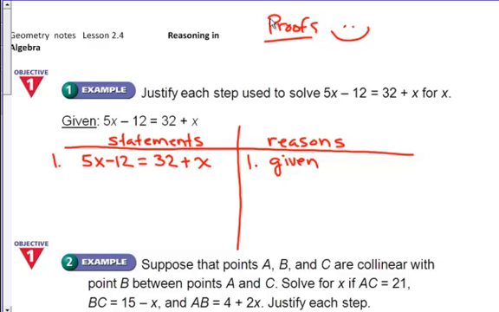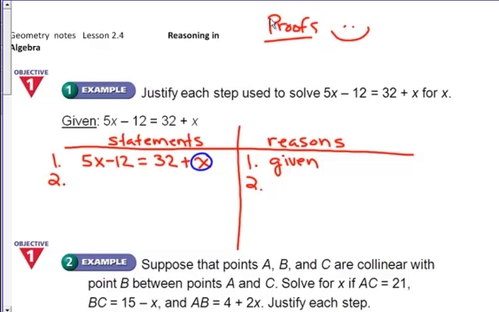Now what we're going to do is we're going to solve this algebra equation, and we're going to provide a reason. Every reason is found in your algebra packet, and we're going to provide a reason for every step that we give. Okay, if I'm going to solve this equation, the first thing I'm going to do is get my variables on one side of the equation. So I'm going to pick my smallest variable, this one, and I'm going to subtract it from both sides.